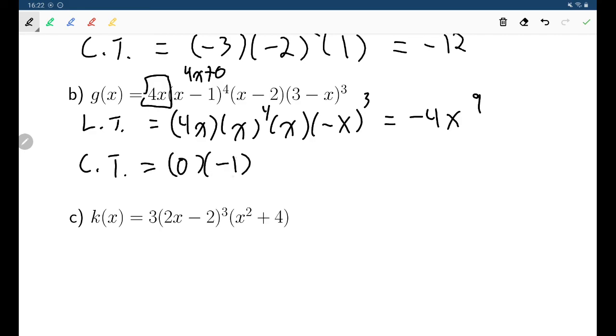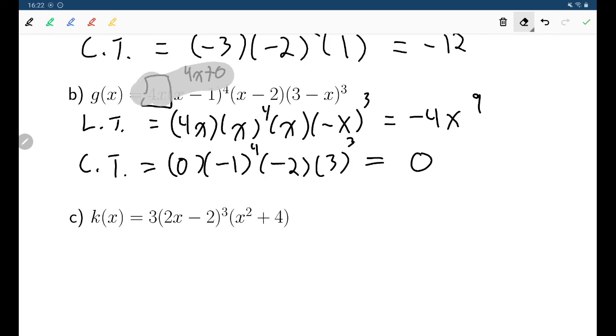The second factor, the constant term is negative 1. The third factor, the constant term is negative 2. And in the last factor, the constant term is 3. That means that we would have a constant term of 0 for this polynomial. So that would let you know that the y-intercept should be 0, 0. In other words, this polynomial passes through the origin.